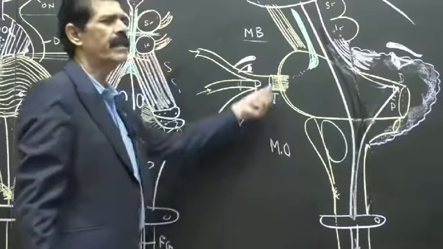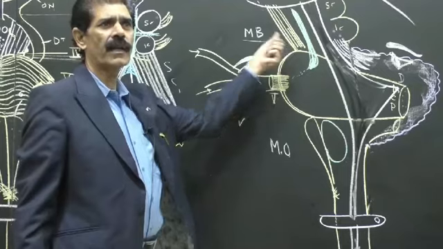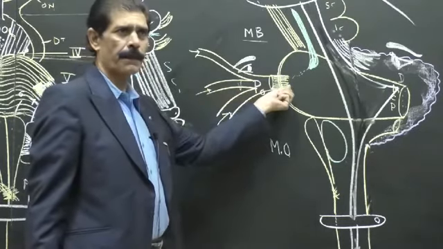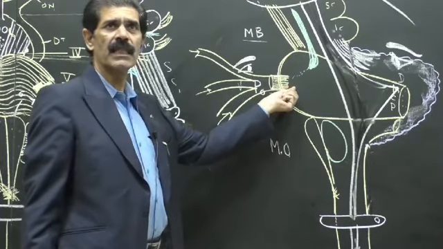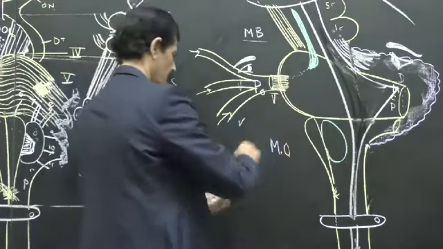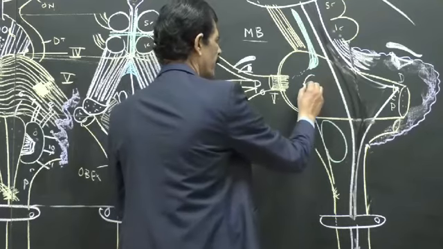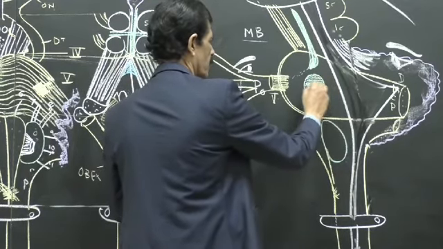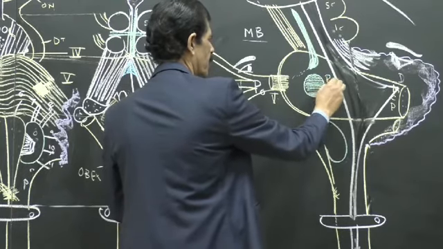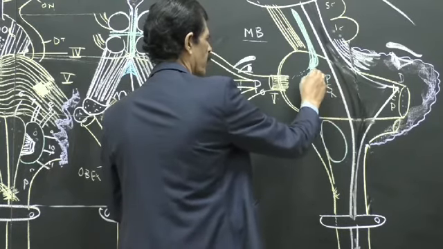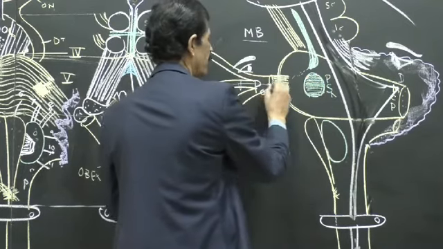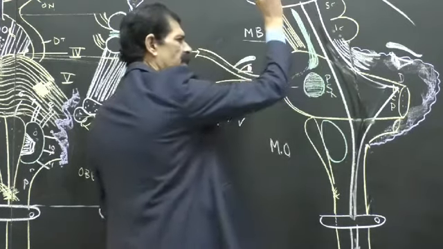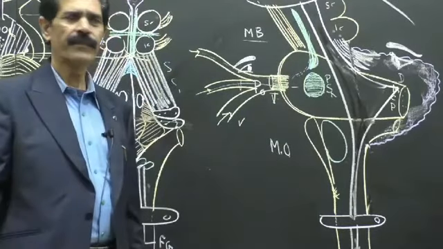Then the maxillary division sensory fibers mainly relay in the principal sensory nucleus situated in the pons. So mainly the maxillary divisions terminate here. Ophthalmic divisions terminate into the mesencephalic nucleus of the trigeminal.